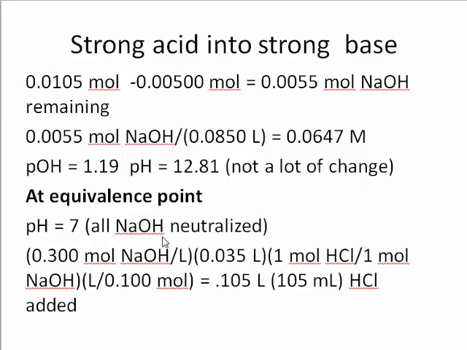Remember, the equivalence point is when all the moles of sodium hydroxide you've started with have become neutralized. Beyond this point, after addition of 105 milliliters, you are essentially adding strong acid to the mix and just diluting a strong acid solution at that point.